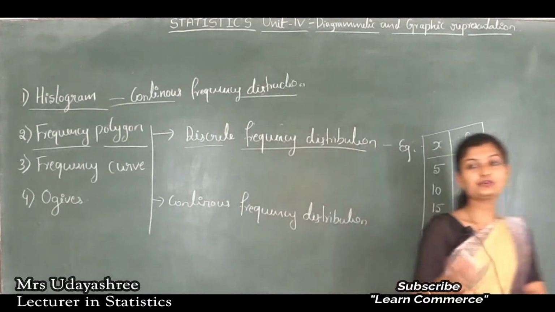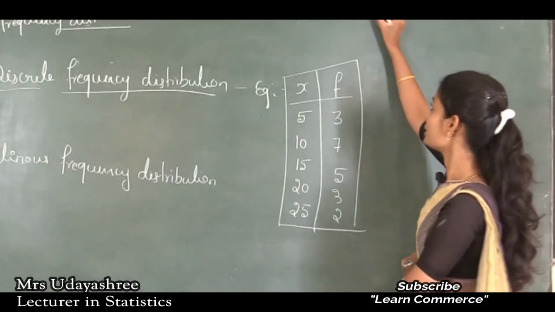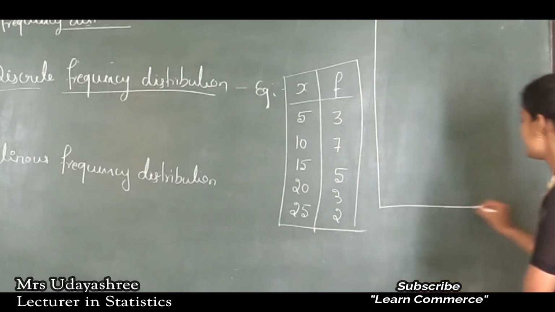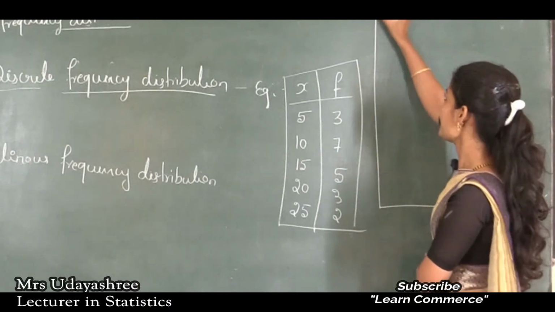Okay, now using this discrete frequency distribution, let's see how to draw a frequency polygon. This is the x-axis and this is the y-axis.